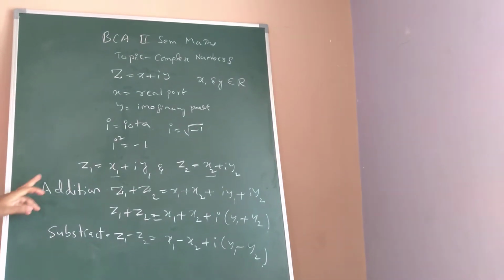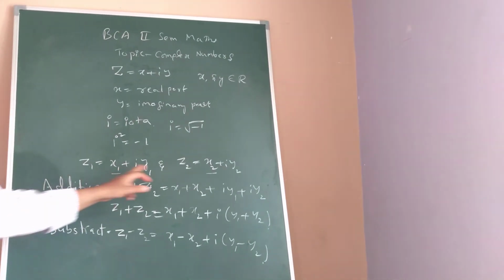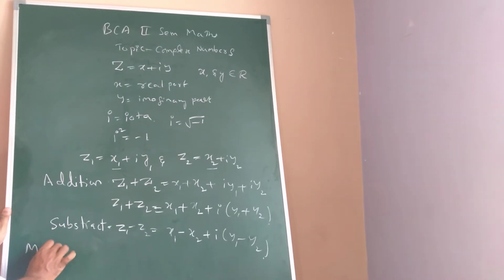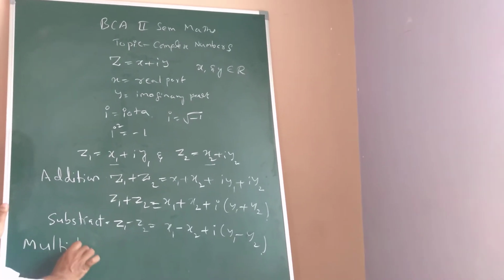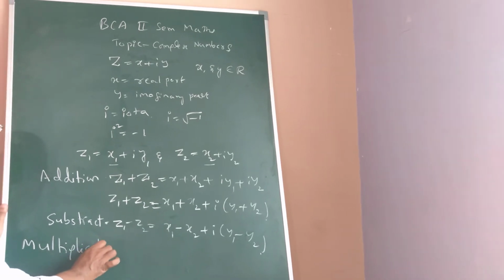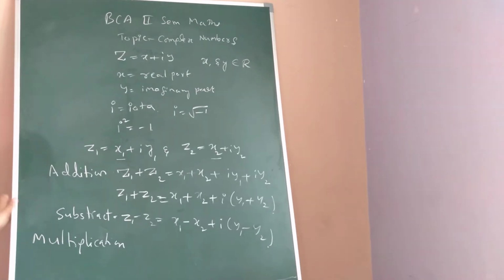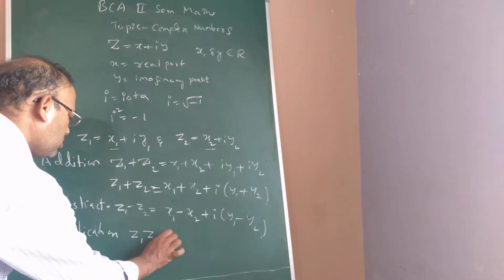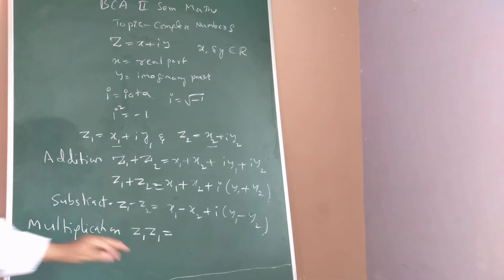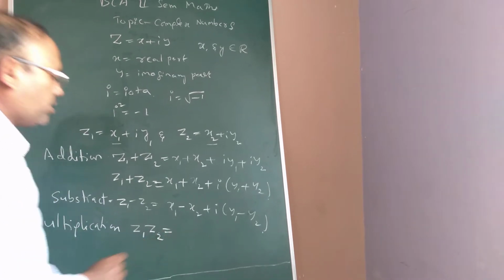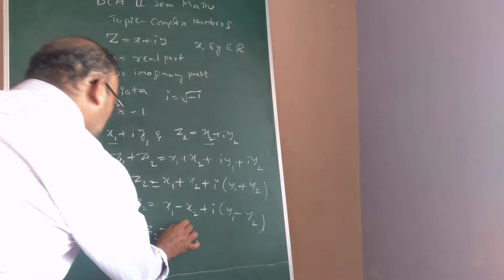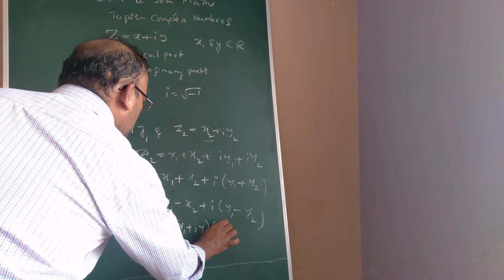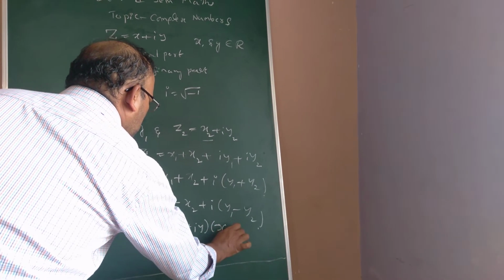We can multiply two complex numbers. That is multiplication of z1 and z2, two complex numbers multiplying. z1 is x1 plus iy1 and z2 is x2 plus iy2.